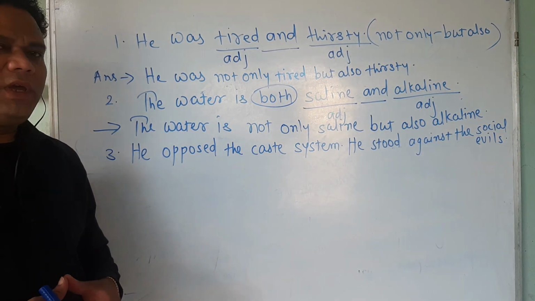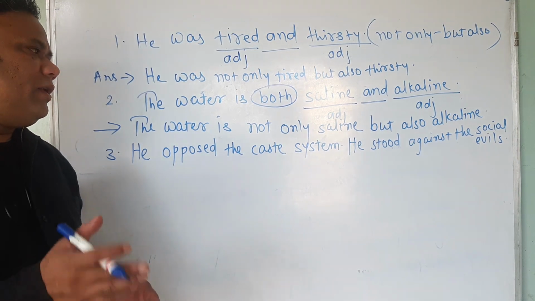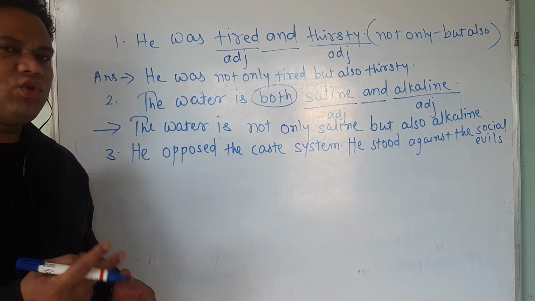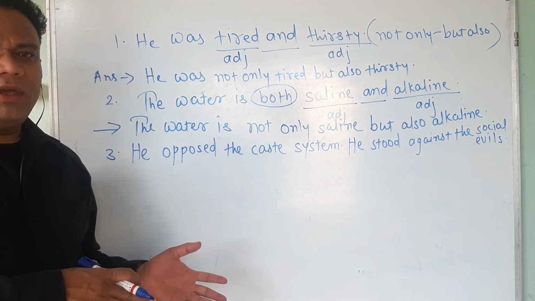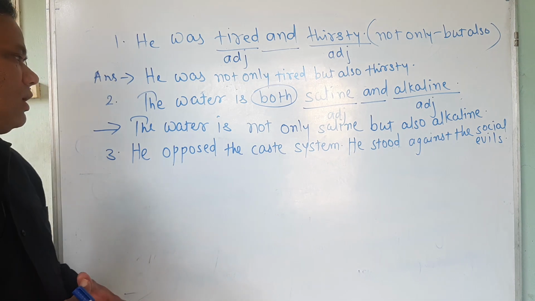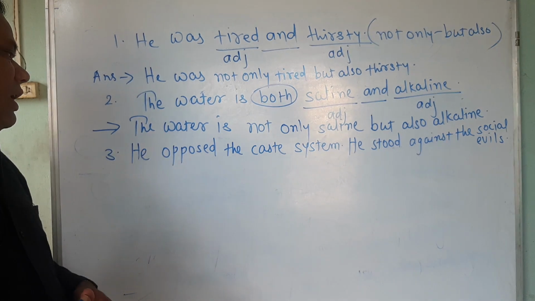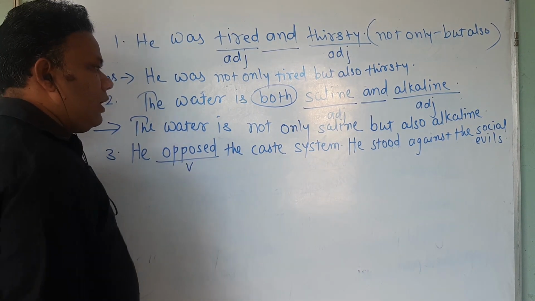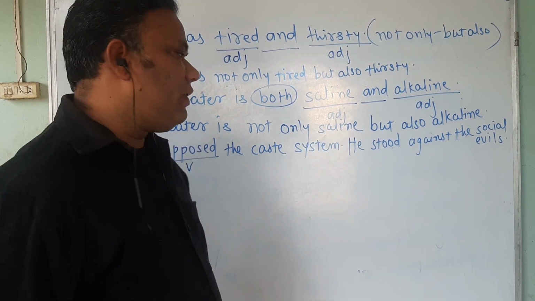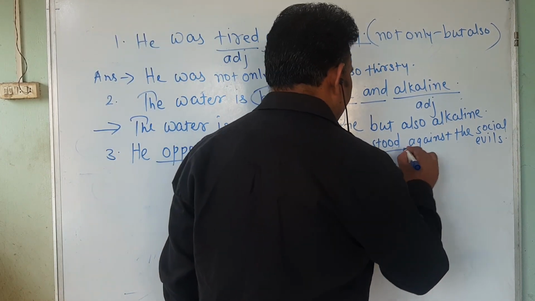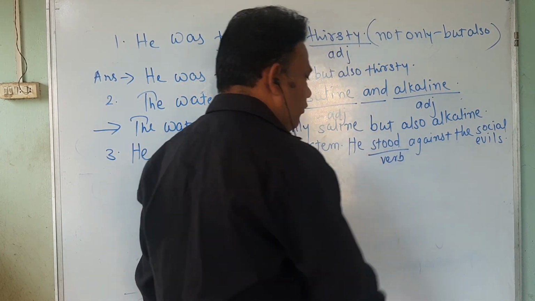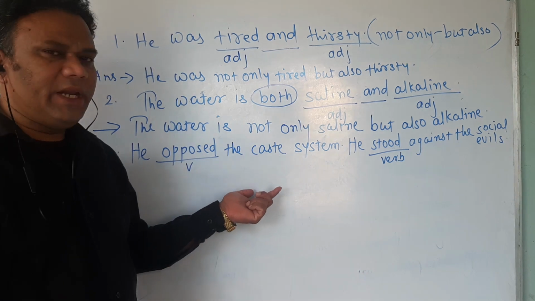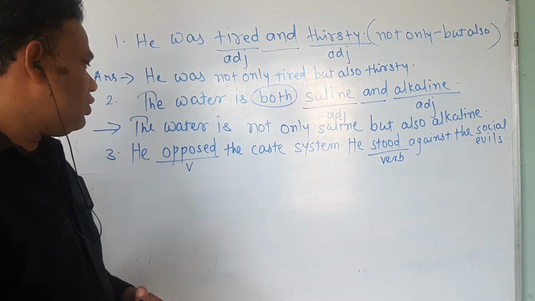So here also we have to do the same thing. We should see which two common words are there which are having the same part of speech. So in the first sentence we find that opposed is the verb, and in the second sentence we find that stood is the verb.